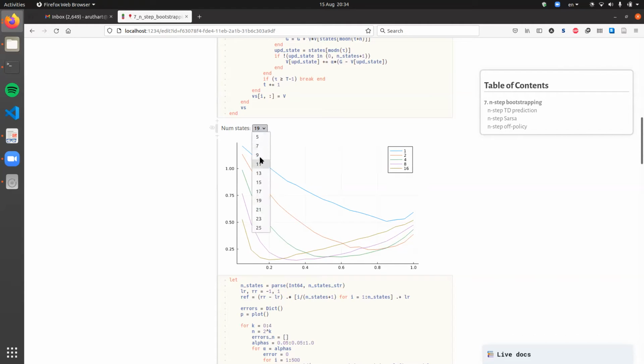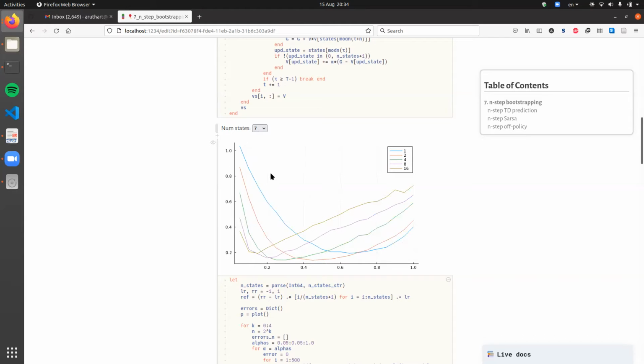Okay, and regarding the question, how does it depend on the number of states in this random reward process? We can have a look, for example, for 7 states. We have different best values, and that would be either n of 2 with alpha 0.45 or something, or n of 4 with a lower alpha, like 0.25.